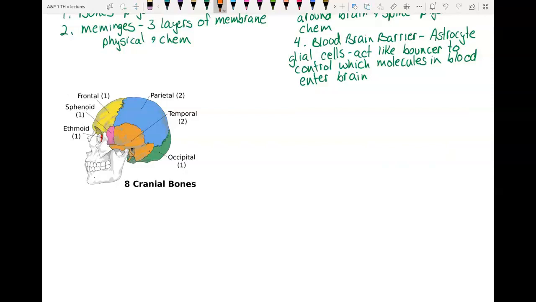So you've probably heard of skull and you've heard of cranium. Let's go over the difference between those. The entire thing here is your skull. The skull is your cranium plus your facial bones. The cranium is the part of your skull that encloses the brain.